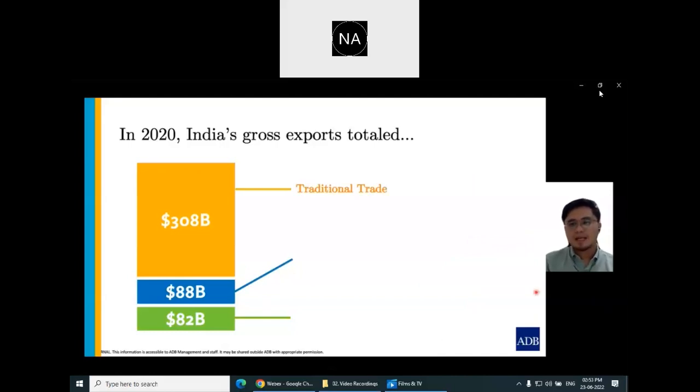The VAX, or the domestic value added that is directly absorbed by importing economy, corresponds to the traditional trade. The domestic value added re-exported abroad, or the domestic value added exports that is absorbed back to India, corresponds to the forward GBC participation. And here it is calculated as 18.4%.